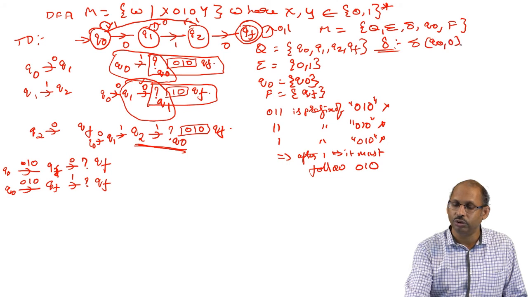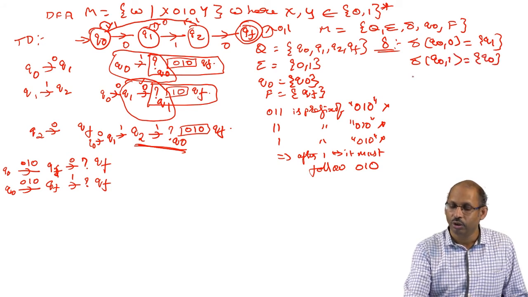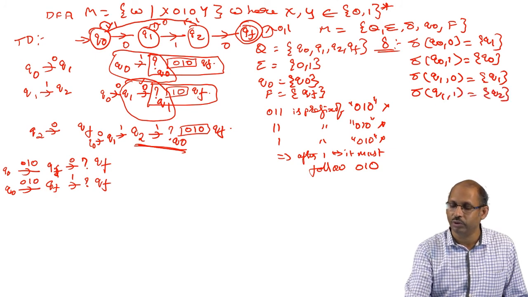Now, what are the transitions? Q0 on 0 going to Q1. Q0 on 1 going to Q0 only. Q1 on 0 goes to Q1 only. Q1 on 1 goes to Q2 only. Q2 on 0 goes to QF only.